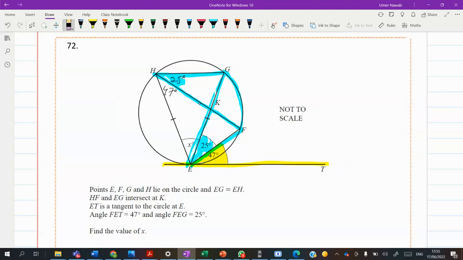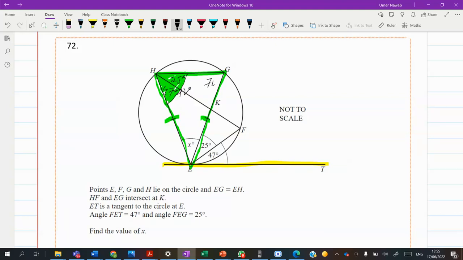Wow. So we found these angles, 25. Next, he told us that this triangle is isosceles. Why? Because these two sides are equal. If these two sides are equal, their opposite angles are also equal. So what is the sum of 25 and 47? That tells you 72.